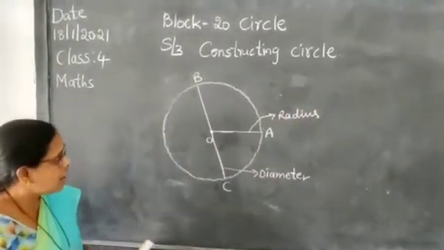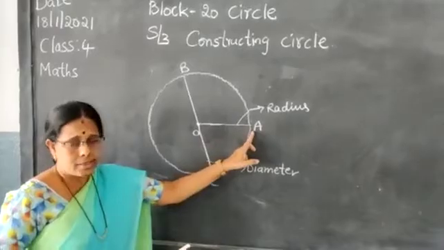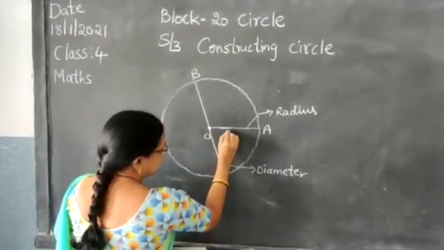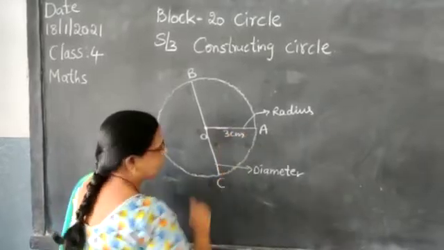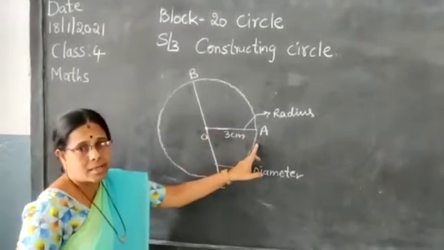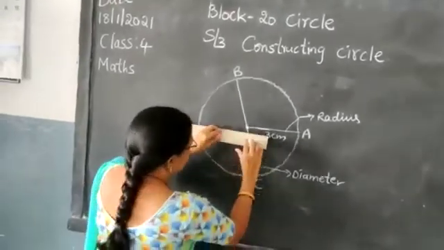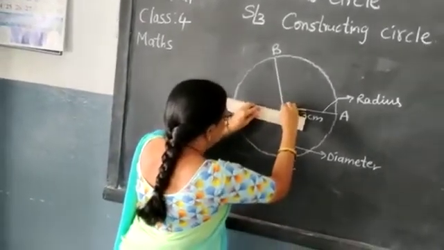Okay, children, now here OA is the radius. Suppose the radius is 3 centimeter. Then how much will the diameter be, children? I draw the diameter here. This is also a diameter.